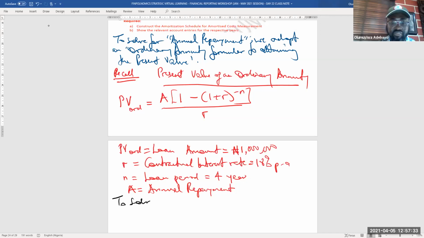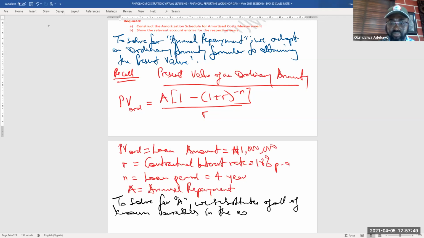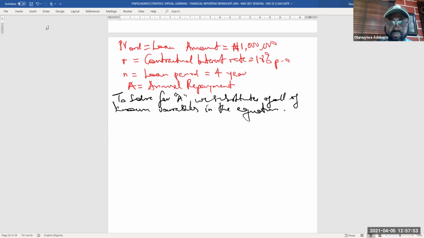To solve for A, we substitute all the known variables in the equation. And what are they?